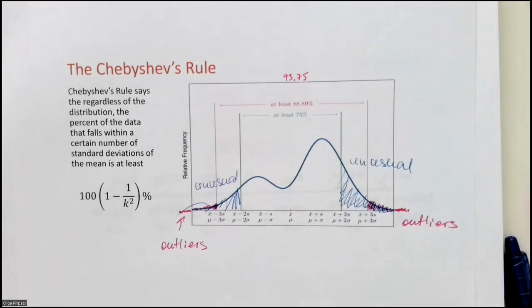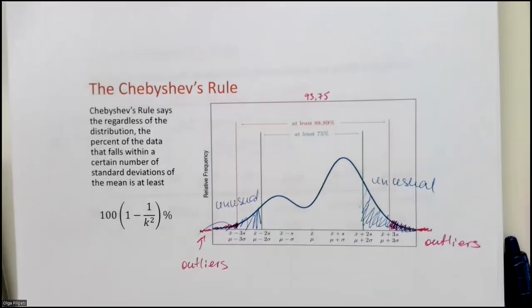So that's what the rule of thumb means. Again, I want to remind you that Chebyshev's rule works for any distribution of any shape. In the next video, we're going to talk about a specific distribution, which is called a normal or bell-shaped distribution.